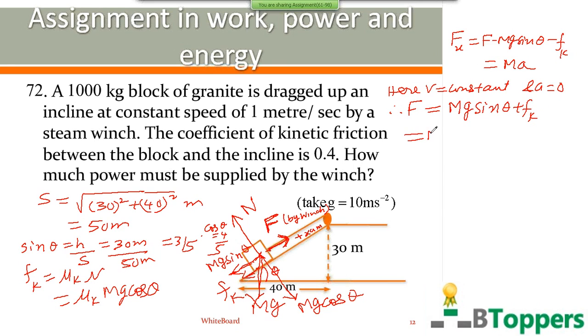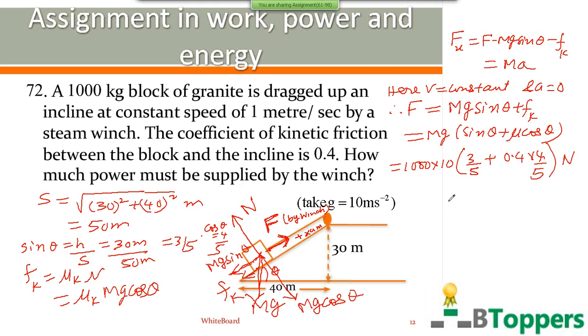Therefore, the magnitude of the force acting on the block parallel to the inclined surface developed by the winch is equal to mg sin theta plus fk. You can substitute fk equal to mu k into mg cos theta. Thus you get mg into (sin theta plus mu k into cos theta).